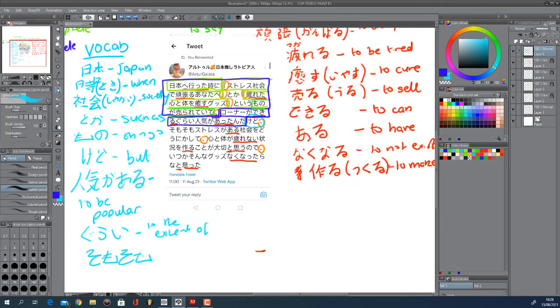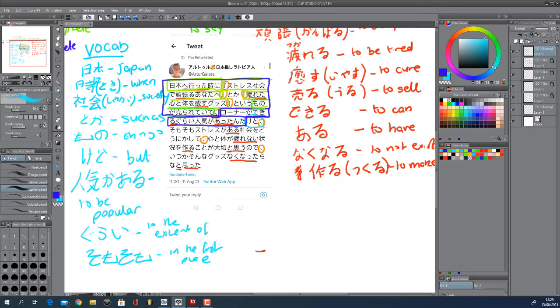So, in the first place, now what we have is we can just see ストレスがある社会を. So this 社会, again, is a noun. ある is a verb. So everything is describing the noun. Now the そもそも, because it's not a connective, it is a word that is giving us some context.